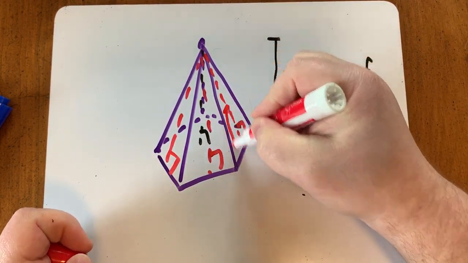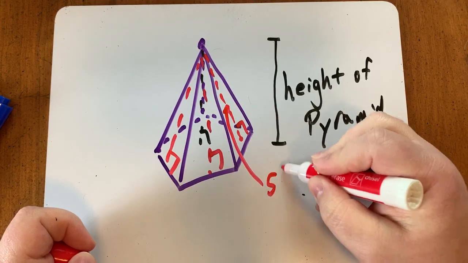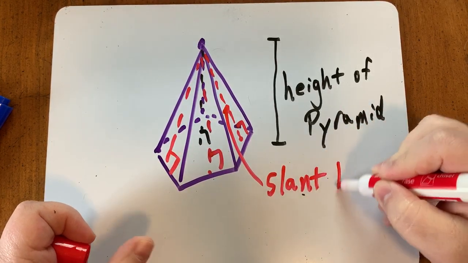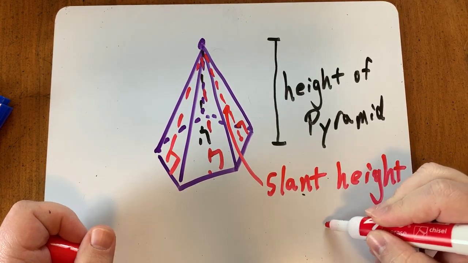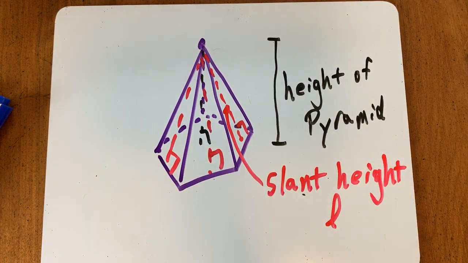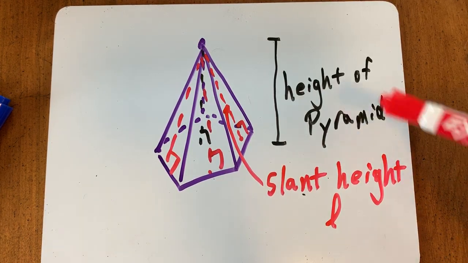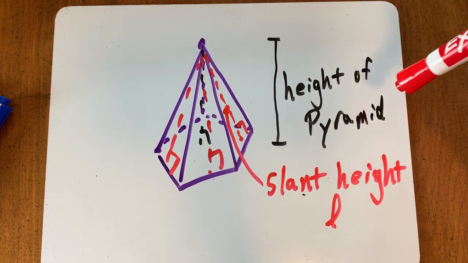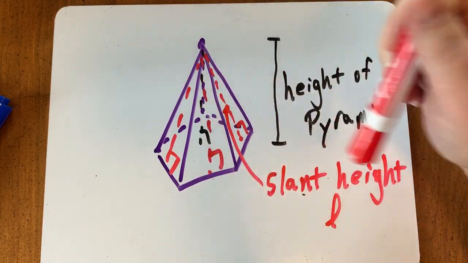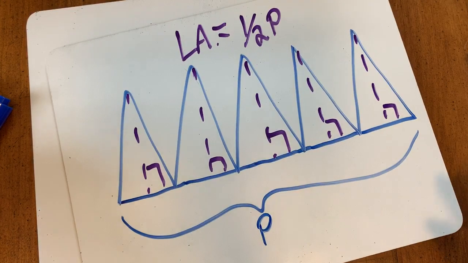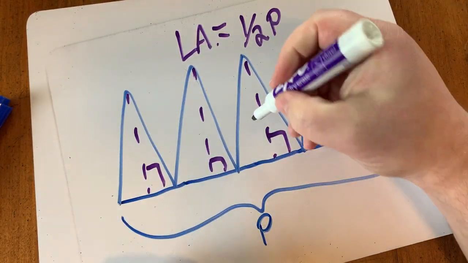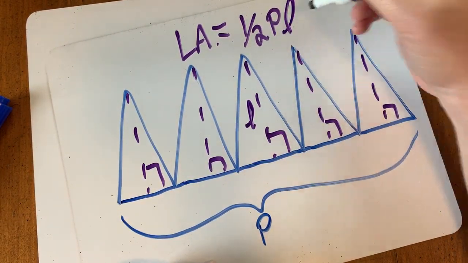We call the height of our lateral faces the slant height. And the variable we use for that is a cursive L. So the actual height of the pyramid is not going to be the height of the lateral faces. The height of our lateral faces is the slant height.